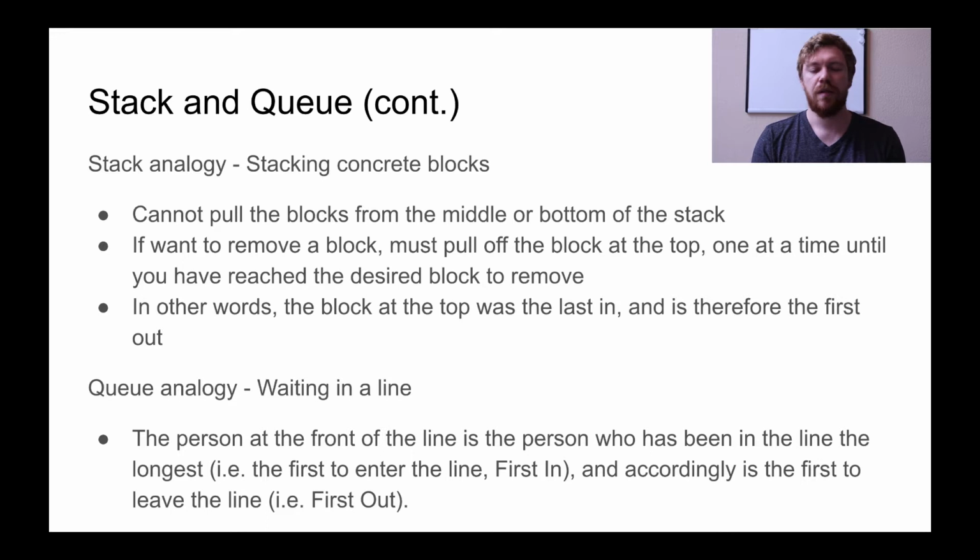So instead, if you wanted to reach some block in the middle of this stack, you would have to remove the topmost block, then remove the next topmost block, and so on and so forth until eventually you reach the desired block that you want to remove.